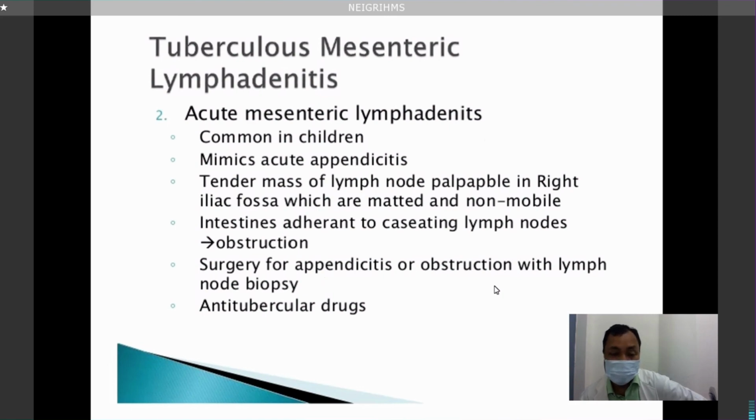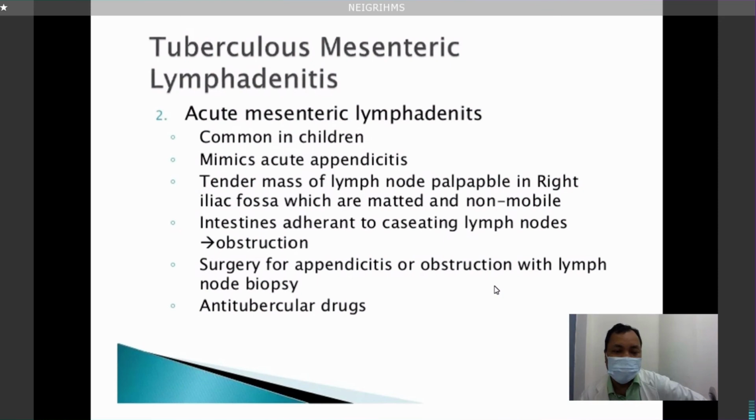Mesenteric lymphadenitis, the acute mesenteric lymphadenitis, is more common in children. Sometimes it will just mimic acute appendicitis. But when you examine the patient in the left lateral position, because the mesentery will move in more medially when you turn the patient to a left lateral position, then in a case of acute mesenteric lymphadenitis, the tenderness may be shifting.